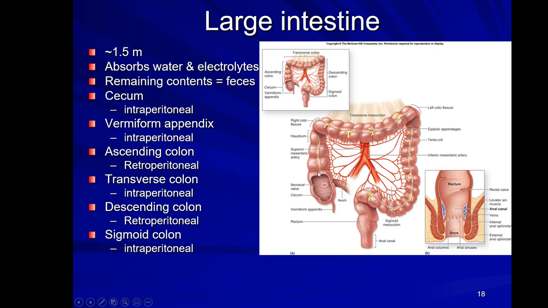So this gives us the ascending colon, transverse colon, descending colon, sigmoid colon, and then lastly the rectum and the anal canal. So another word, as you may have figured out, for the large intestine is the colon. That's why this is called ascending colon, transverse colon, descending colon, sigmoid colon where it curves. Then we have the rectum and anal canal.